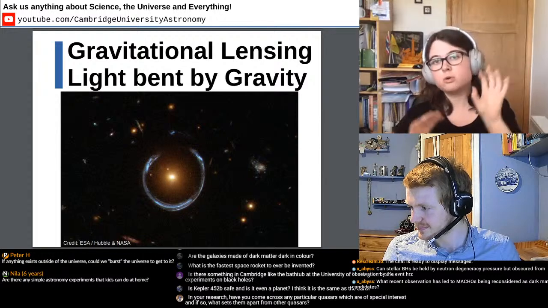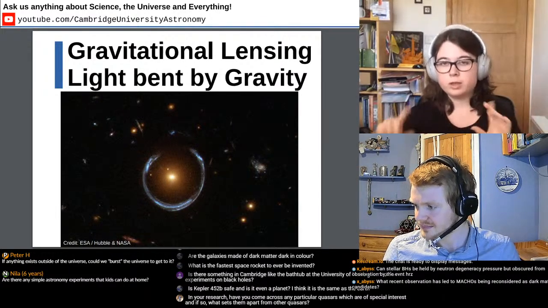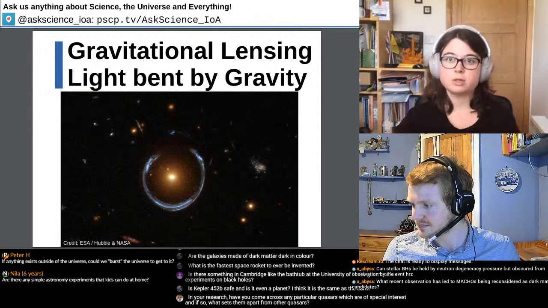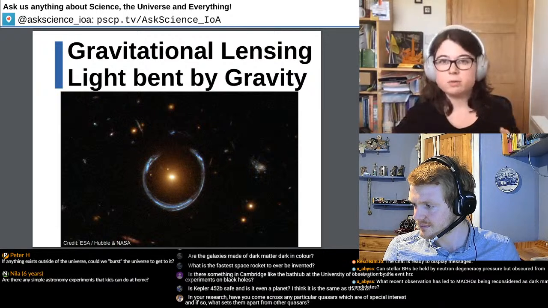We tend to see two or more images of the same object. With this quasar we see 4 images, which is what we call an Einstein cross, which is rarer than the 2-image quasars we usually see.